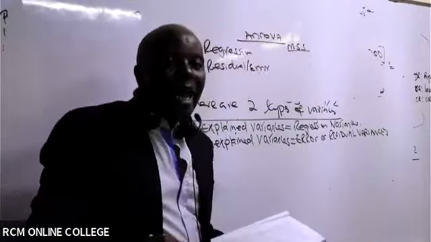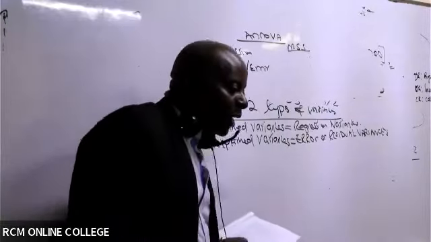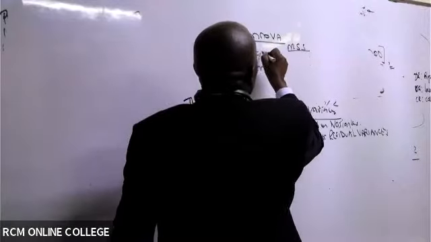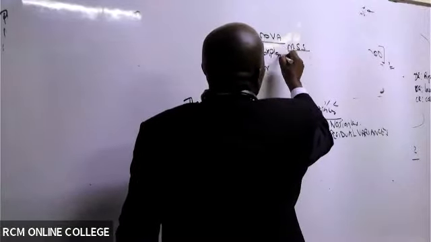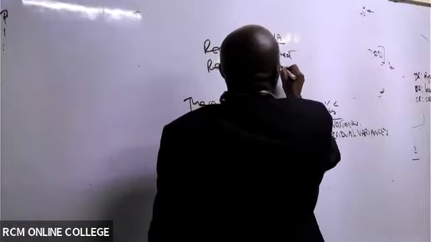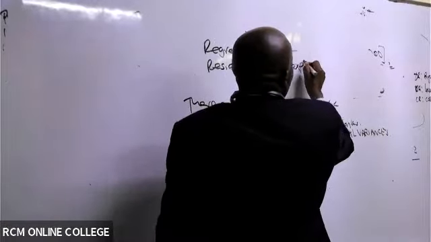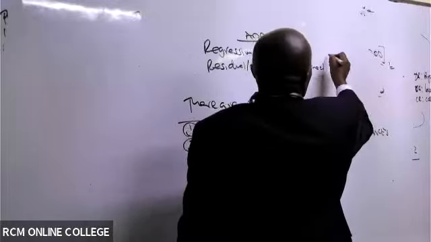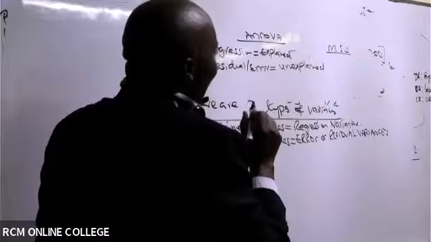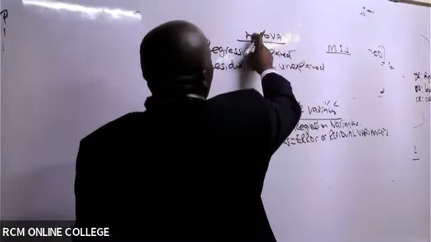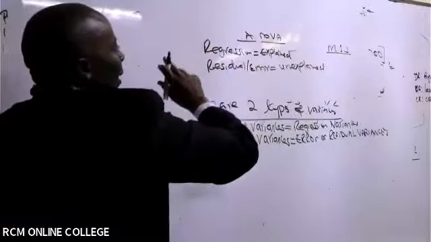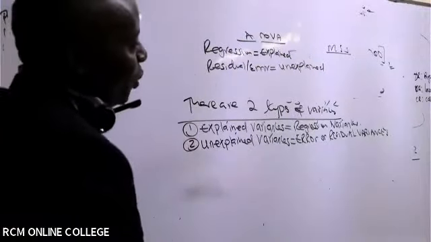Regression, remember, this is what we call explained. And then residual is what we call unexplained. Please give me the mean sum of squares from the ANOVA table. ANOVA, analysis of variance, of which there are two types of variances.